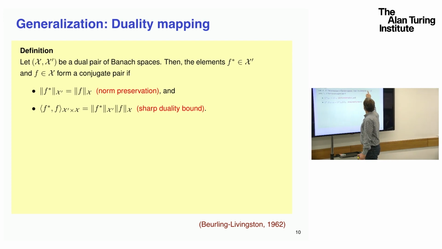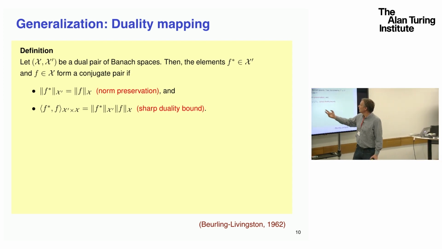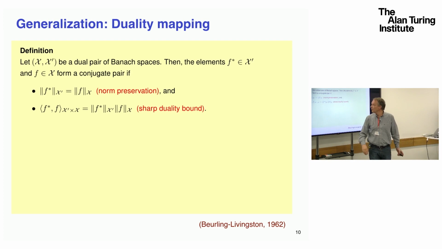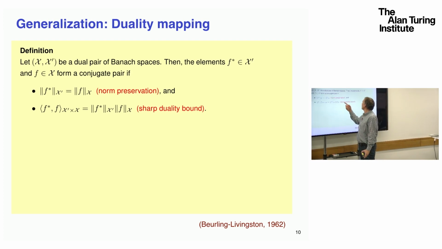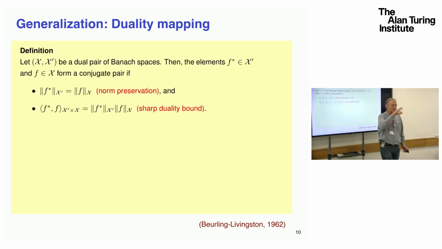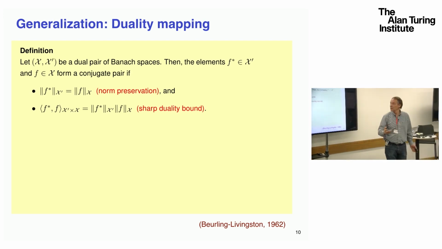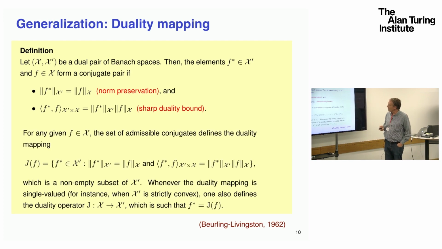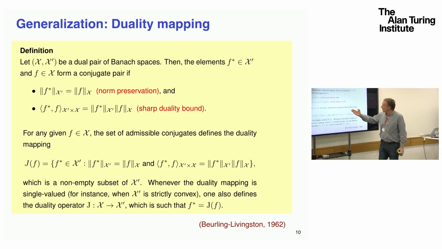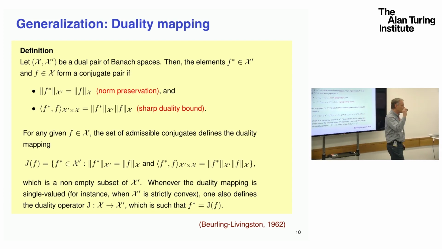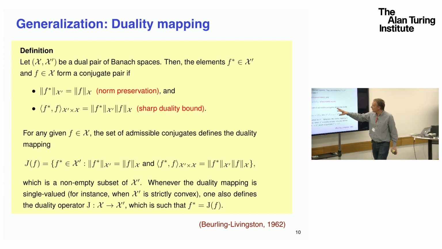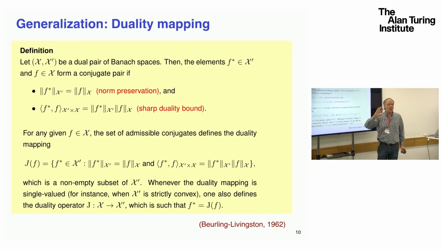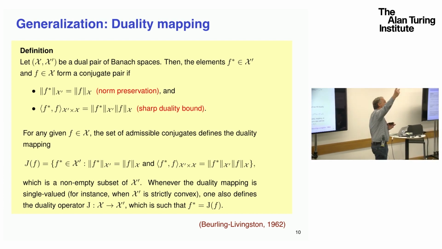the pair f star and f form a conjugate pair, if we just take inspiration from Riesz, okay, if the norm is preserved and if the duality bound, this super Cauchy-Schwarz inequality, is sharp, okay? And this defines the Banach conjugate. Now for a given f, any element in a Banach space, what may change is that it's not necessarily a unique element.